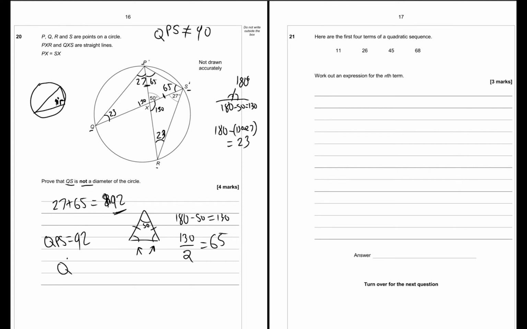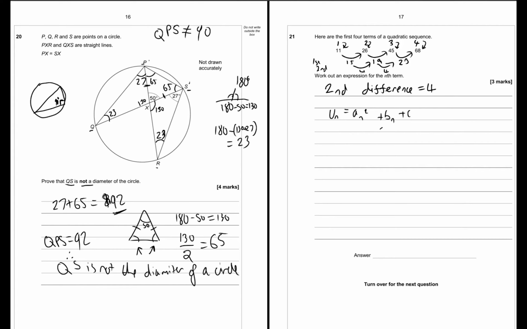Okay, so with quadratic sequences, we know the formula is going to be un equals an squared plus bn plus c. And we can find these using 3 equations, where 2a equals the second difference, which we've already found. And what's the second equation?